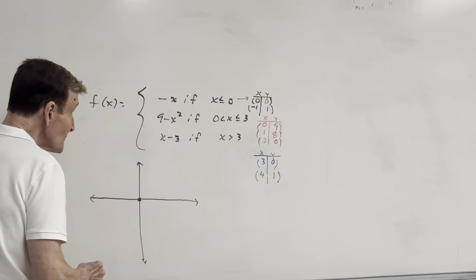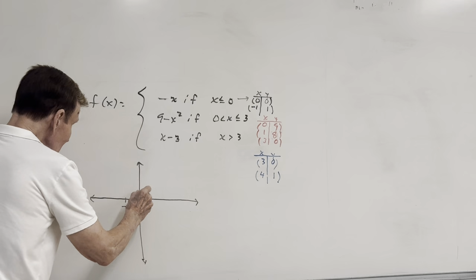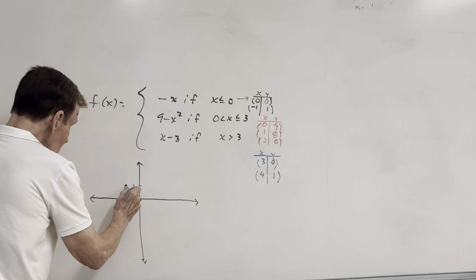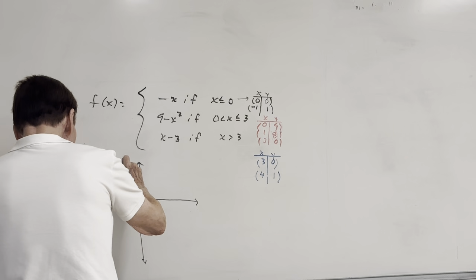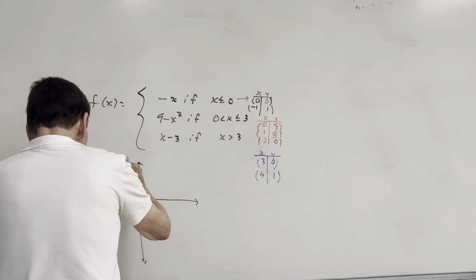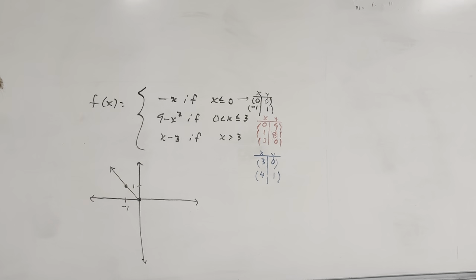I'm darkening that in. Then out -1, up 1. If I plot that, it's going to be somewhere in here. That should be enough to sketch this. It should be a piece of a straight line. That one's done.